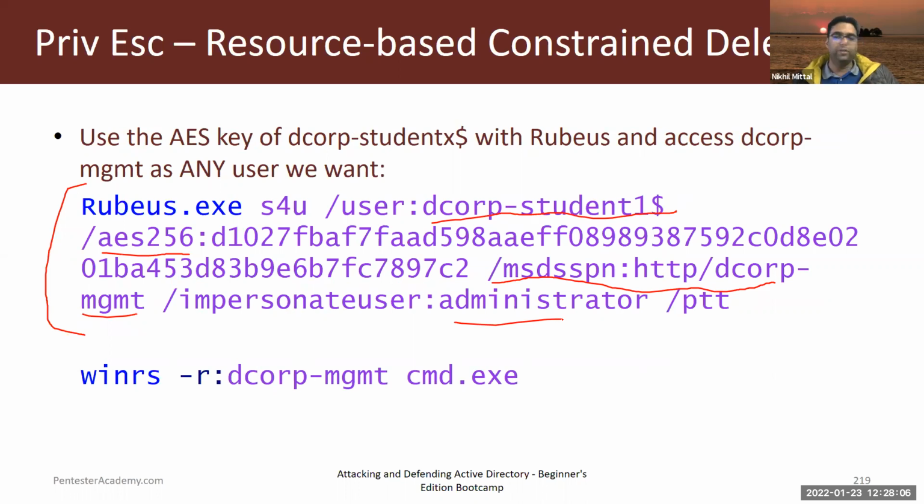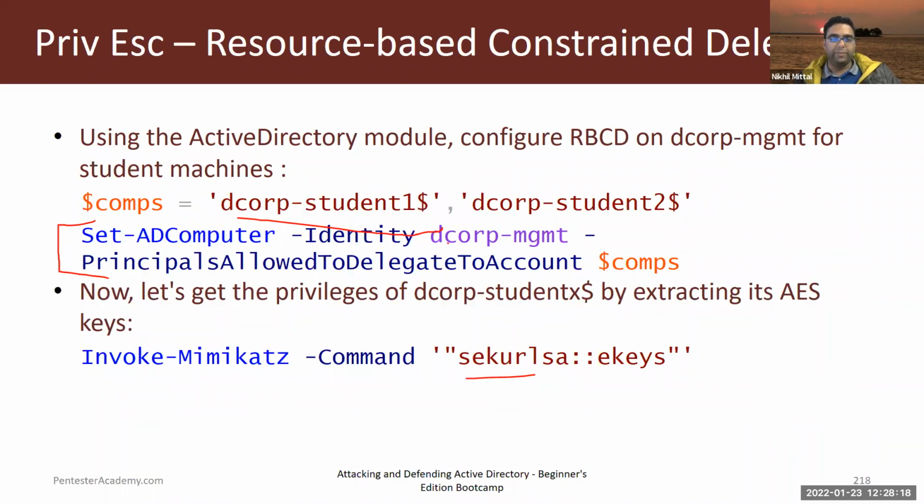And then I would be able to access dcorp-mgmt using WinRM as the domain administrator. Why? Because we are configuring RBCD on dcorp-mgmt.